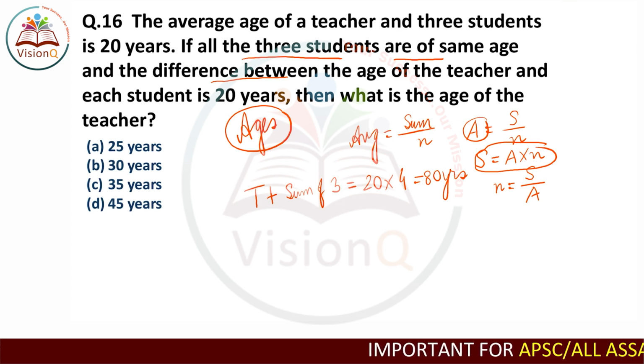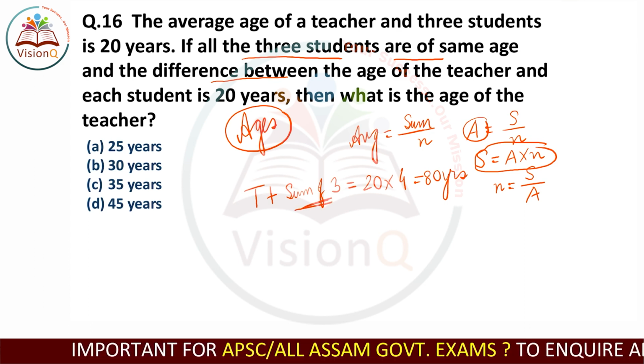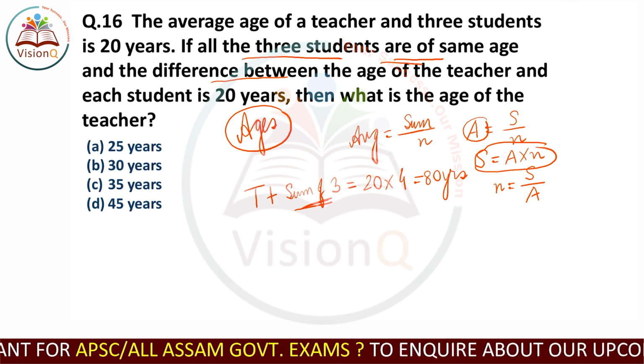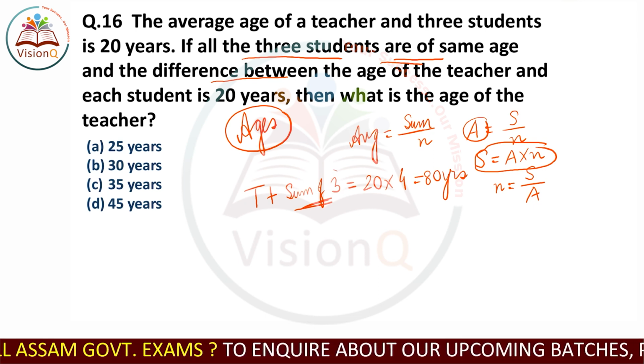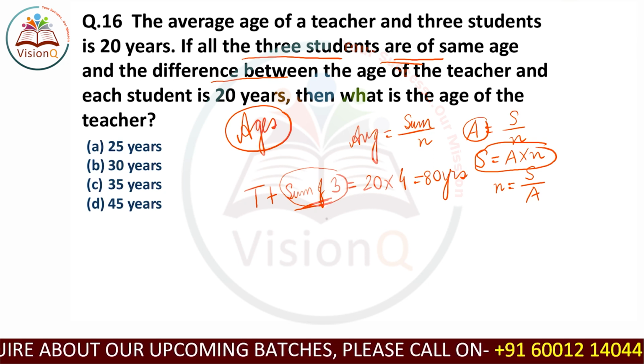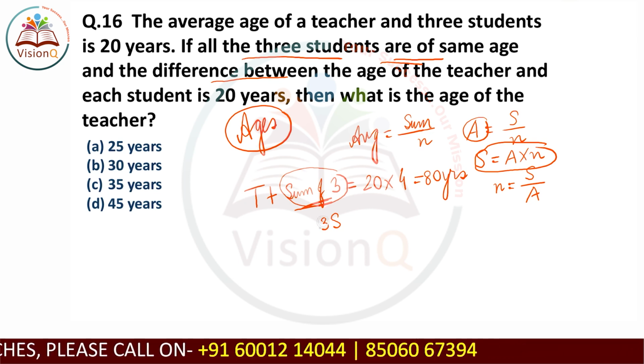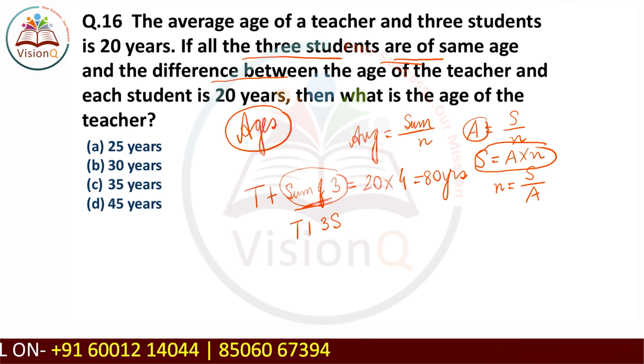It is given that the 3 students are of the same age. So if I take the age of one student as s, then the sum of the ages of the 3 will be thrice s. So the teacher's age plus the age of the 3 students will be equal to 80 years.